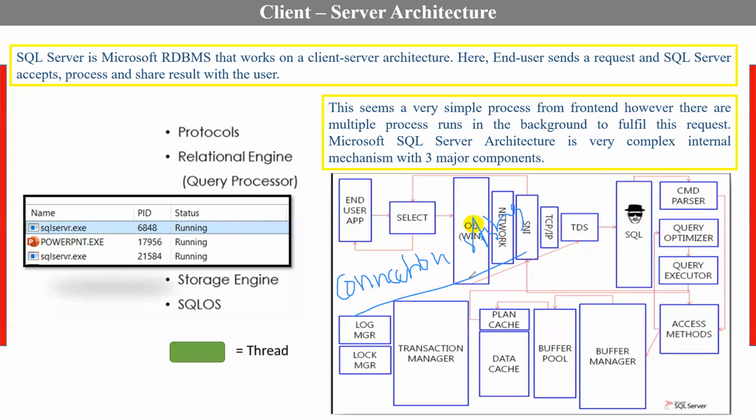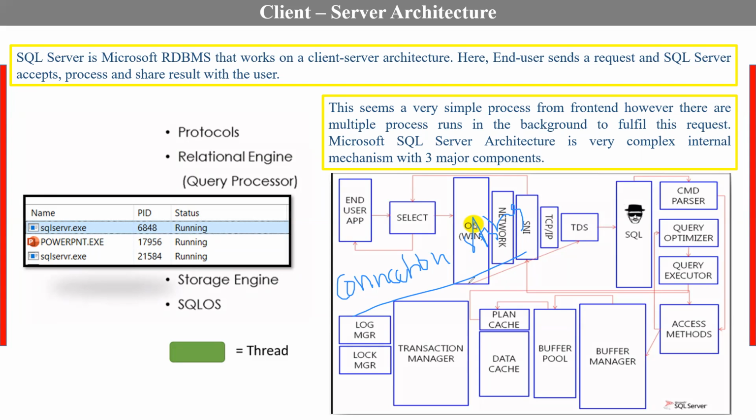If you are using any third party tools or websites and you want to connect to the SQL Server, and not only SQL Server, it can be Oracle, PostgreSQL, MySQL, anything, they need to pass the connection string. It is the most important, because that is how your third party tools know this is our SQL Server.